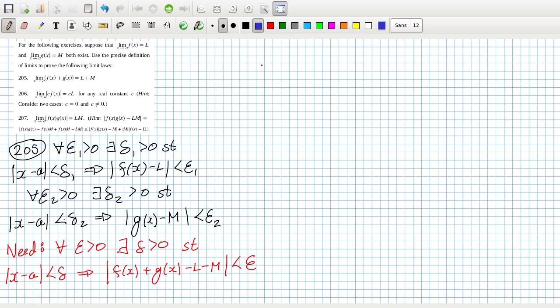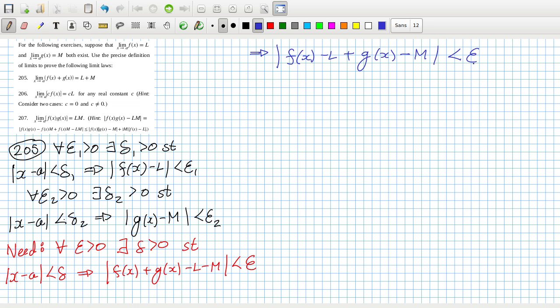Let's try and prove that. I think what I would have to do is split this up into |f(x) minus L| plus |g(x) minus m| less than epsilon.